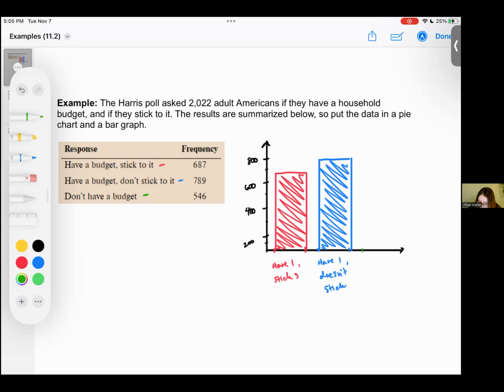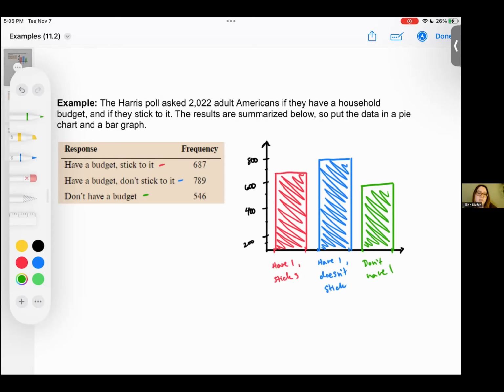So for this last one, we're probably going to go to about right here-ish, maybe a little bit taller, like there. A little slanted, but it's okay. It's still accurate. And this one was don't have one.